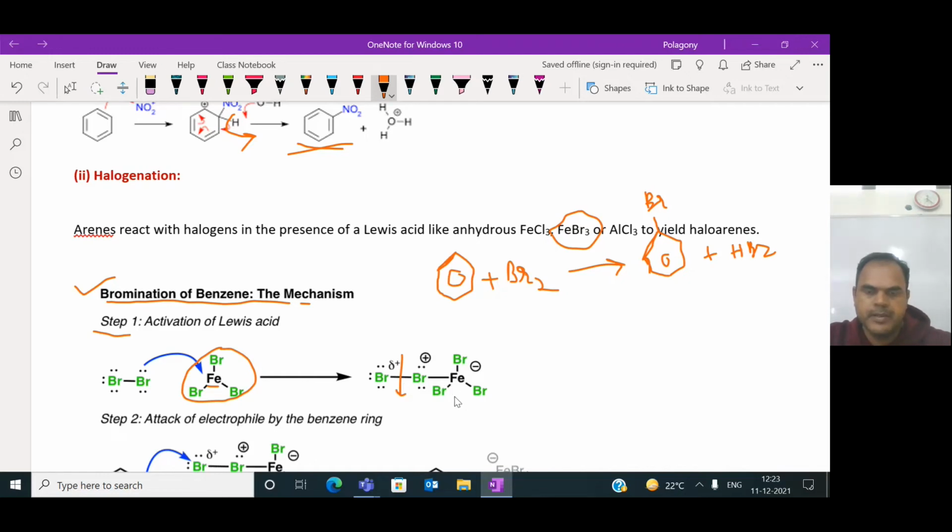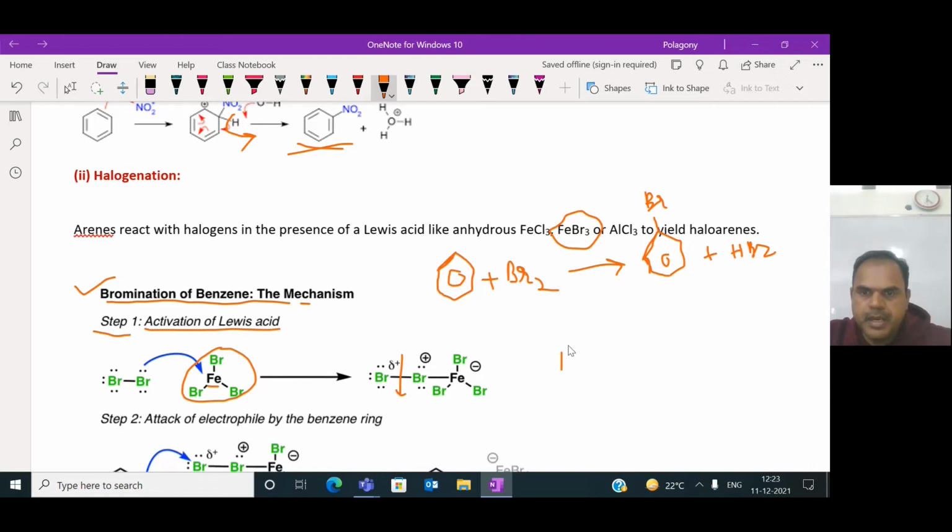Then ferric bromide changes into a nucleophile. So this step is what we call activation of the Lewis acid, or the bromine bond is broken heterolytically, or generation of electrophile.